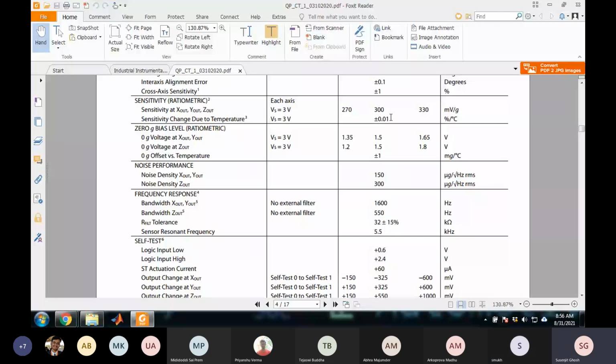Because all the errors which we are calculating, we have to categorize either in terms of the value or in terms of span. This error is in terms of the value, because we are getting the sensitivity change in terms of volt per G, and here we are getting this in terms of volt only.